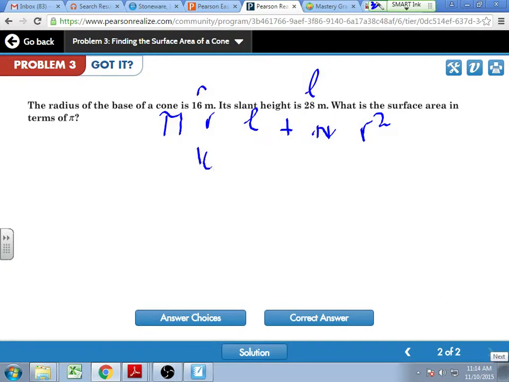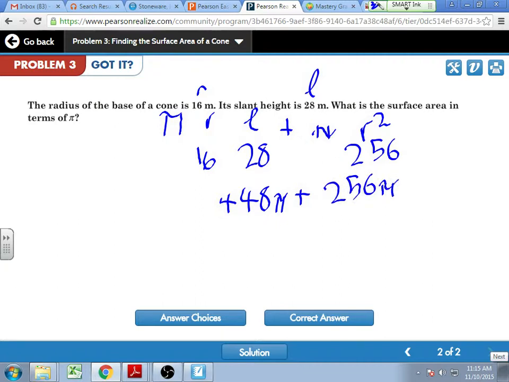So this is 16, because it says right there. Then 28. And then 16 squared is 256. You just multiply those together, and you get 448. Then you get pi plus, then do all this, then you get 256 pi. And then you just get 704.